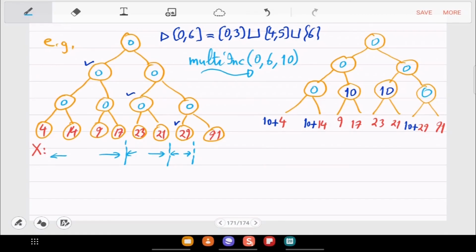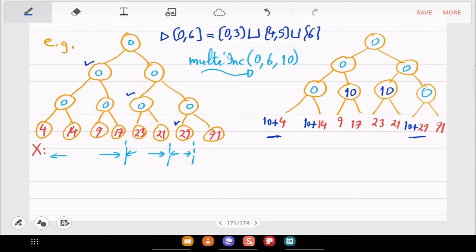This is why I gave this example, because intuitively you can write it there, but my pseudocode will do this. The pseudocode is general. What the pseudocode will do is first increment. So this is your x0 and this is your x6. The pseudocode increments x0 and x6 first, so it adds 10 to both of them, and after that it makes other decisions.